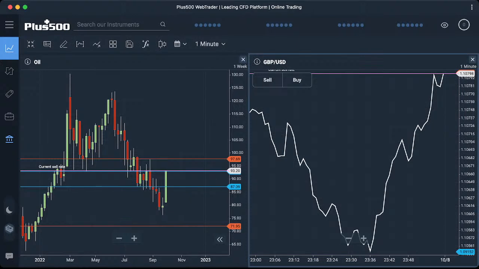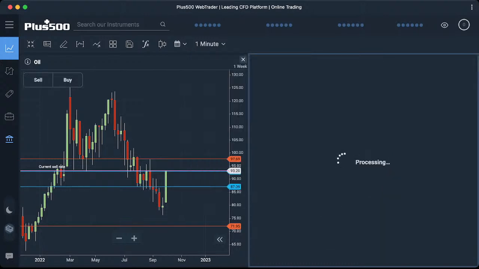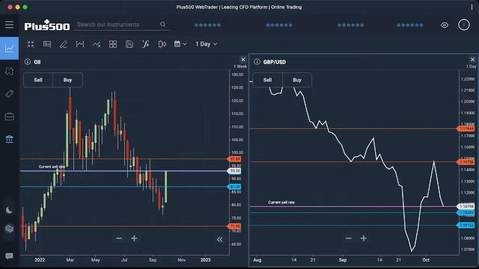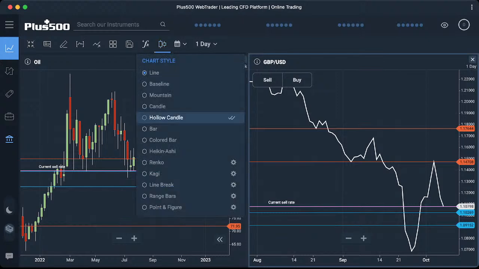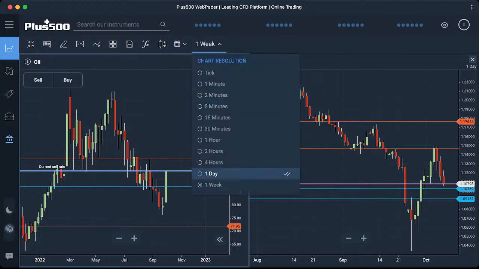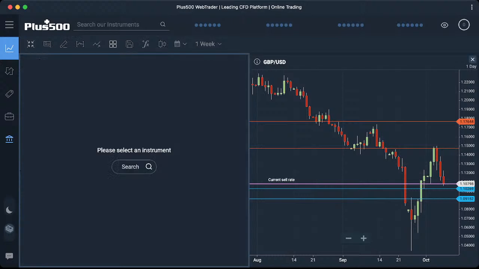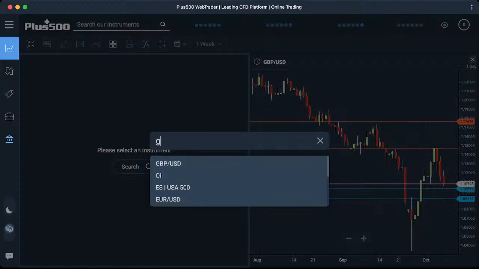For the pound dollar, I'm actually going to the 1 hour chart as well to show you some more granular setups and levels that you can pay attention to. So this is the daily chart on the right side, and I'm putting the weekly chart also for the pound dollar on the left side.